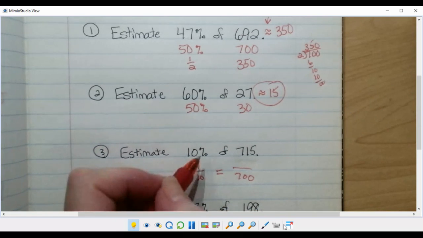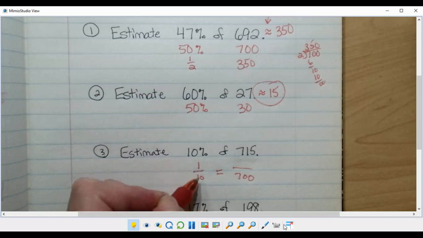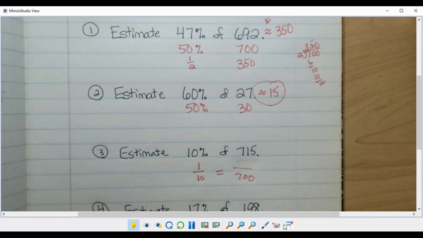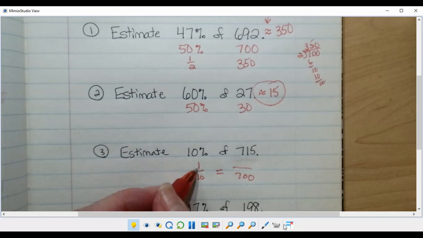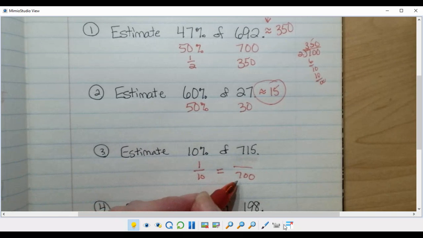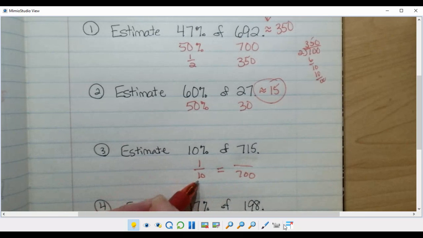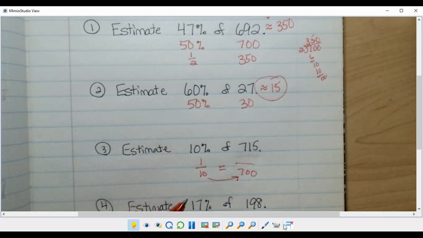Okay, I know that 10% means 1 out of 10. If 10% of the kids in my grade wore a red shirt to school, that means 1 out of every group of 10, mathematically speaking. So what if we looked at the entire grade of the entire school of 700 instead of just a group of 10 kids? Well, how can I get from 10 to 700?